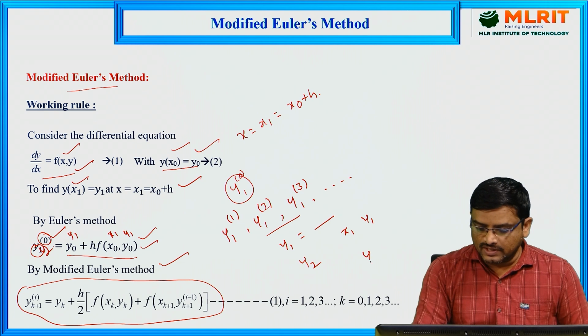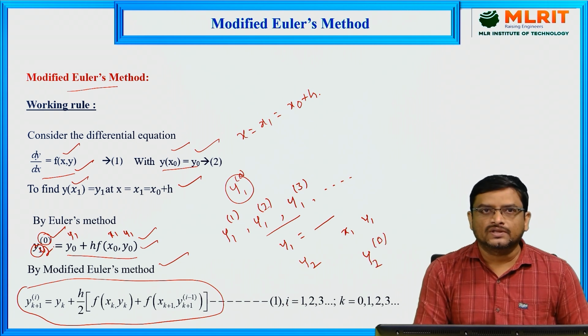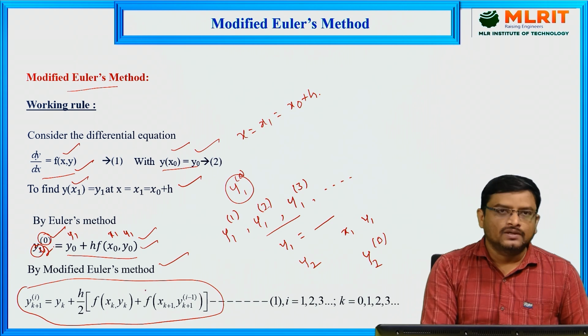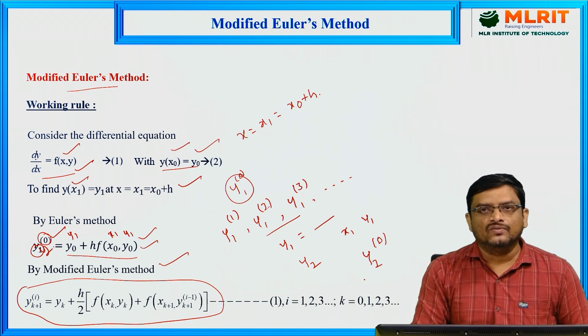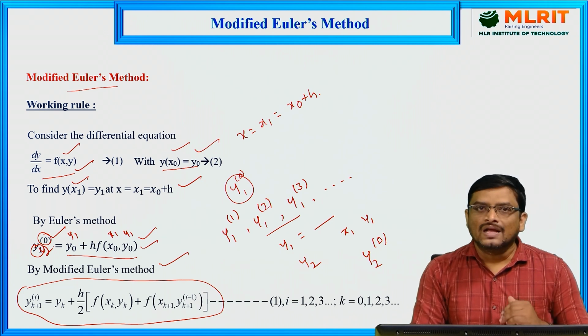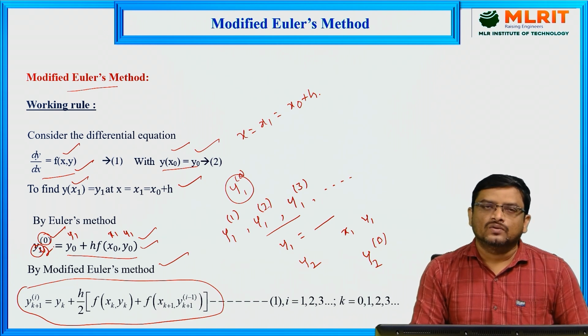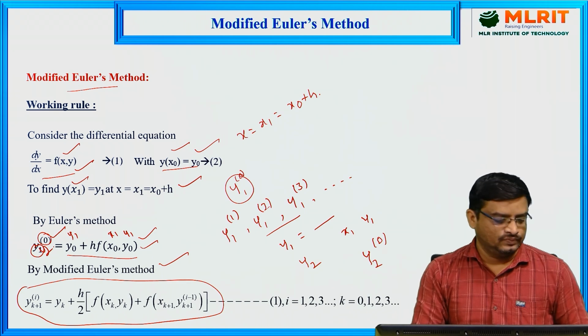First find the initial approximation of y2 using Euler's method, and then apply modified Euler's method in order to get the more accurate value for y2. And this we have to follow according to the values of x given, where we have to find the solution for the given differential equation.